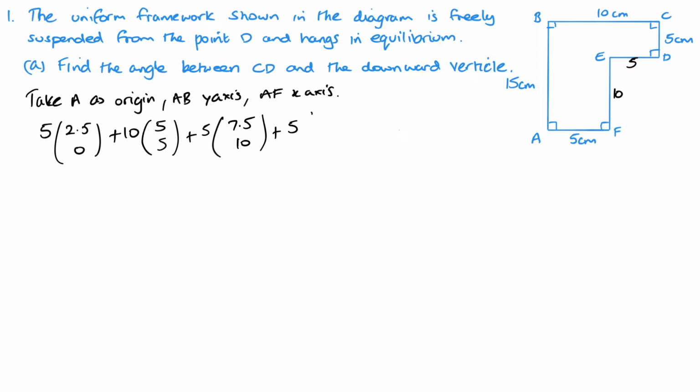Then we've got the 5 for CD, that's where we are now, so that's 10 across, and in total we've gone up 10 plus another 2.5, so 12.5. The top one is 10. Now we're going halfway across, which is 5, and we're 15 up. And then the final one is 15, and that's 0 across, 7.5 up.